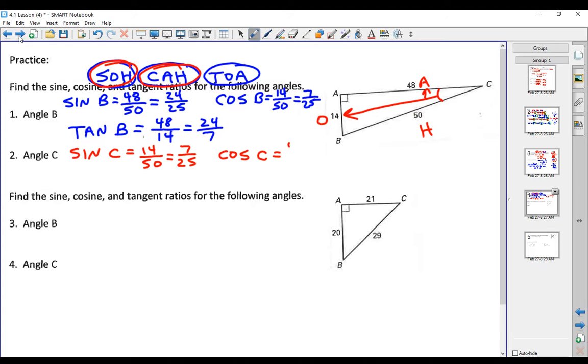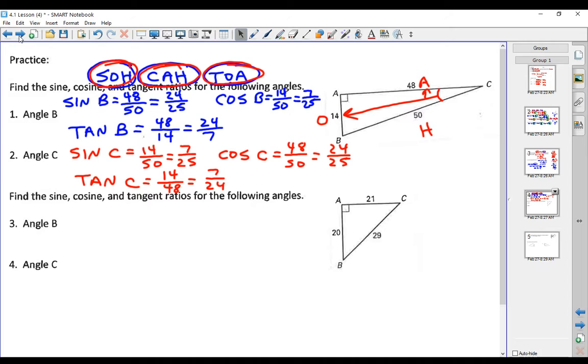So that's going to give me 48 over 50. That reduces by 2 to 24 over 25. And then the tangent is the opposite over the adjacent. So the tangent of C is the opposite, which is 14, over the adjacent, which is 48. That reduces by 2 to 7 over 24.